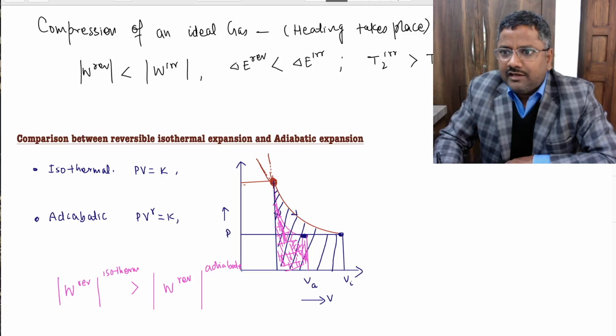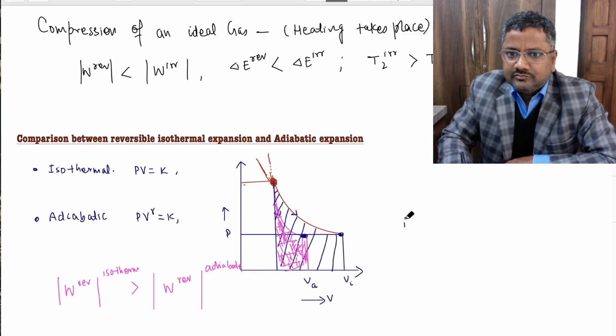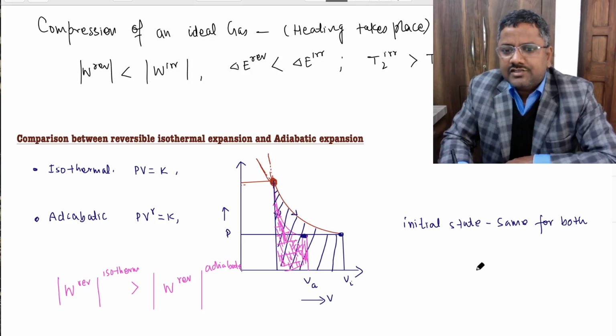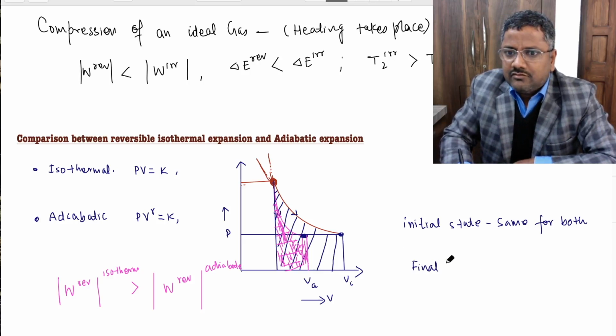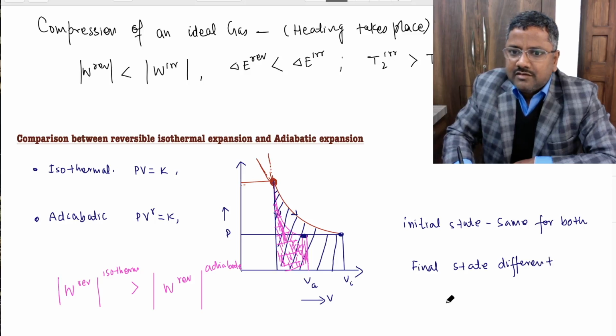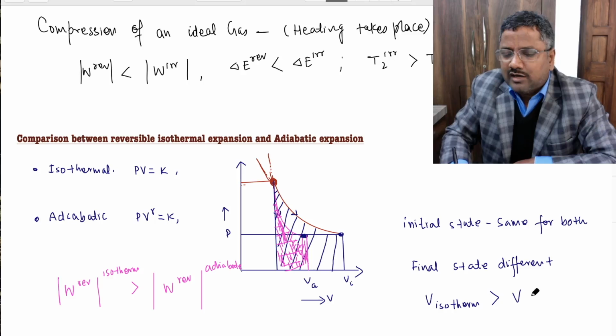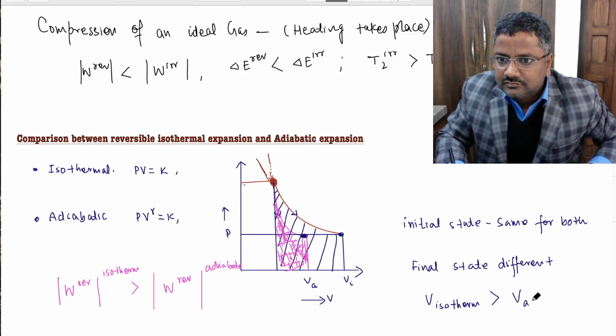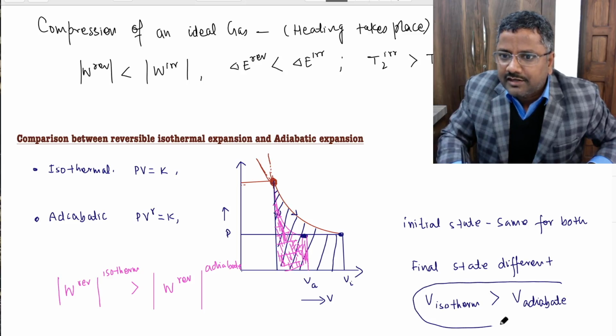The initial state is the same for both, but the final state is different. The volume of the isotherm is more than the volume of the adiabat.